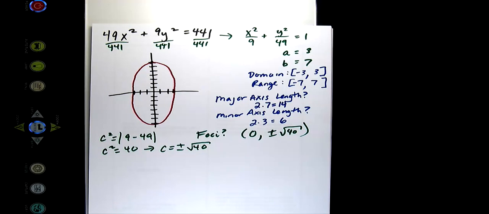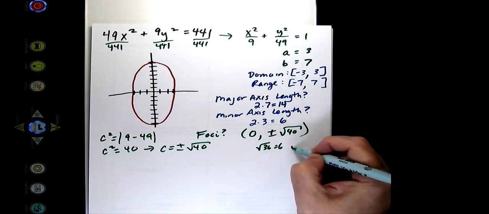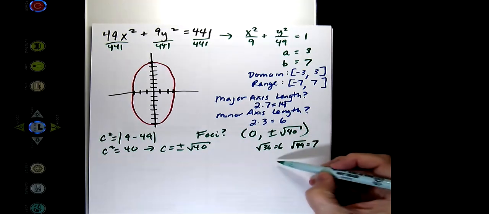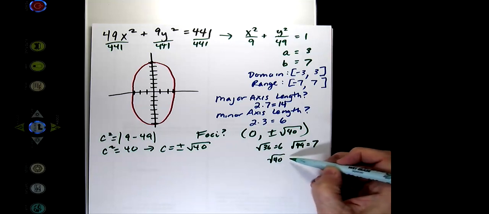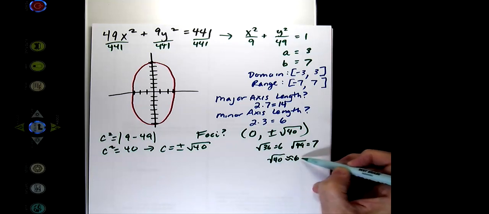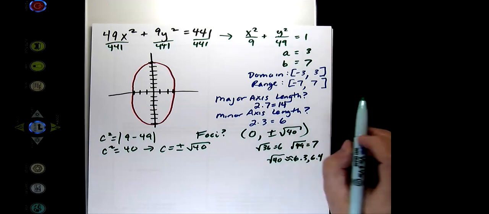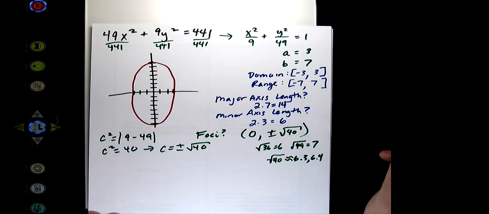Square root of 36 is 6. Square root of 49 is 7. 40 is closer to 36 than it is to 49, so this is probably about 6.3, 6.4. Probably 6.35. You got a calculator? What is it? 6.32? Okay.